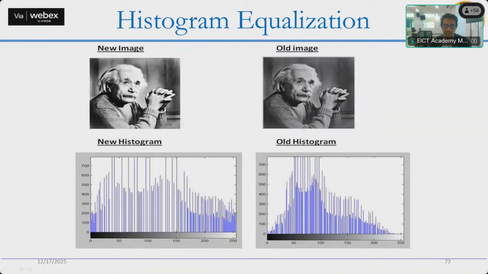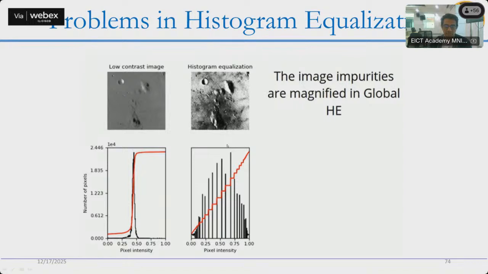Here also when we have applied the histogram equalization, this is the new image, this is the old one. There you can see it has been spread out. So there are some problems.